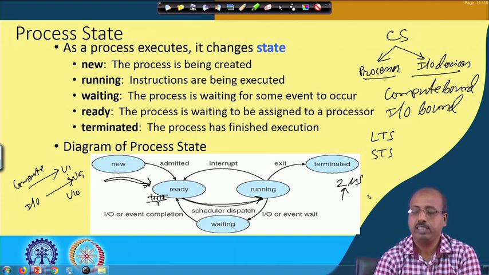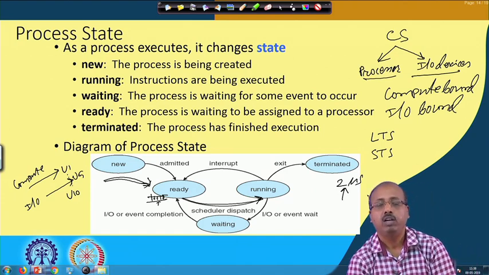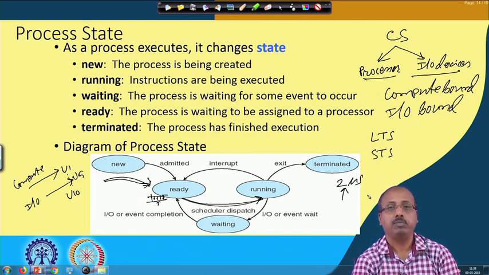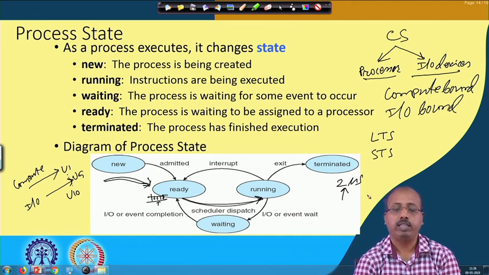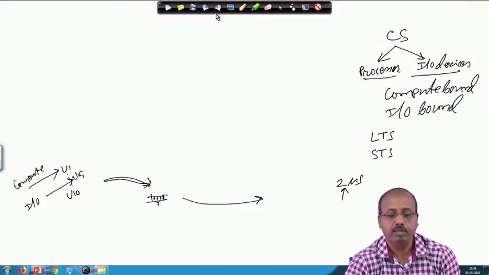We will see that the scheduling policies of the short term scheduler are very simple, whereas the long term scheduler can do some statistical analysis of the jobs that are given by different users, and accordingly try to maintain the balance between IO bound and CPU bound jobs. We will see that in more detail later.